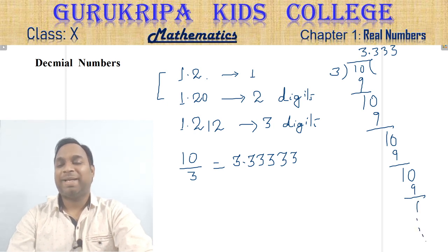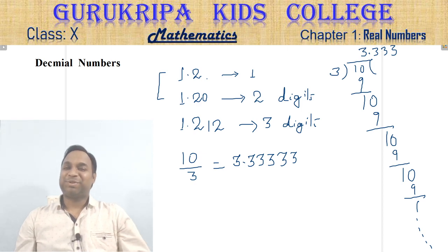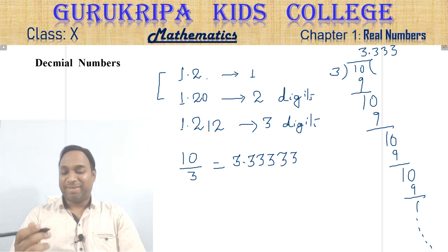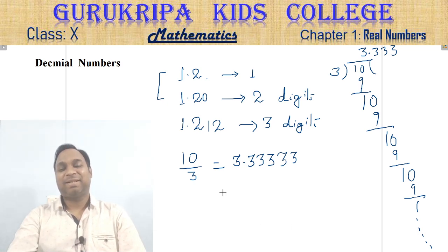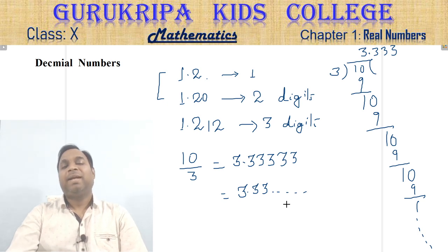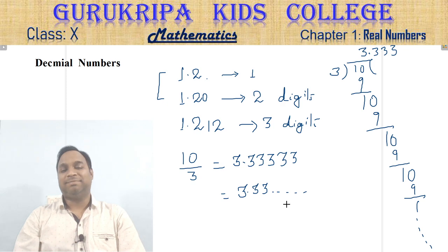So how long can you go like this? As long as you feel like. So how many 3's are there after the decimal place? We write this just as 3.33 and then leave some dots like this. That means that 3 keeps on coming again and again.